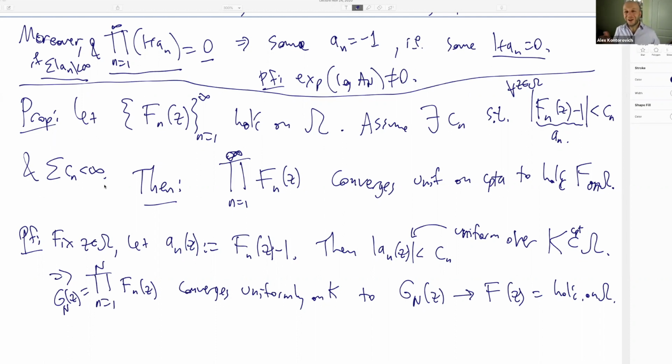I'm assuming uniformity and proving uniformity. That's a great magic trick. So the Cn is before the for all z. That's right. There exists Cn so that for all z, yes, uniformly in z. This is independent of z. Yeah, I'm assuming uniformity, so of course it's not so hard to prove uniformity once you assume it.